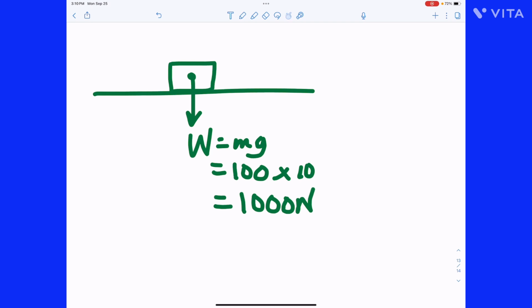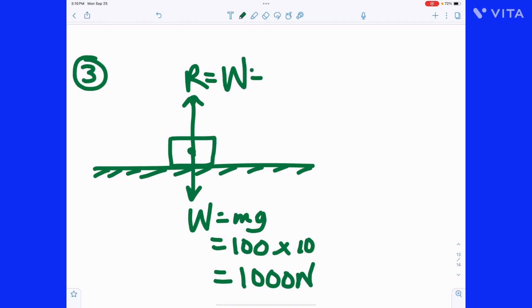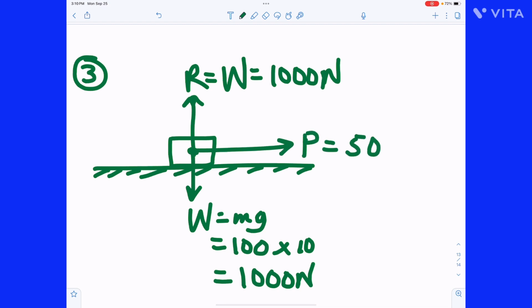If the weight of the box is 1000 Newton, the floor will also act on the box with an equal but opposite force, which is 1000 Newton also. It says a force of 500 Newton, so the push or the drag is 500 Newton, which just keeps it moving at constant velocity.